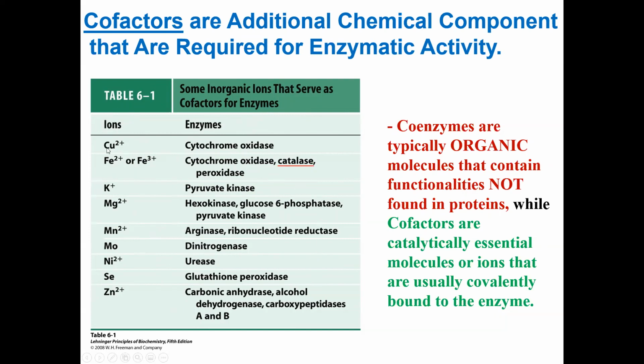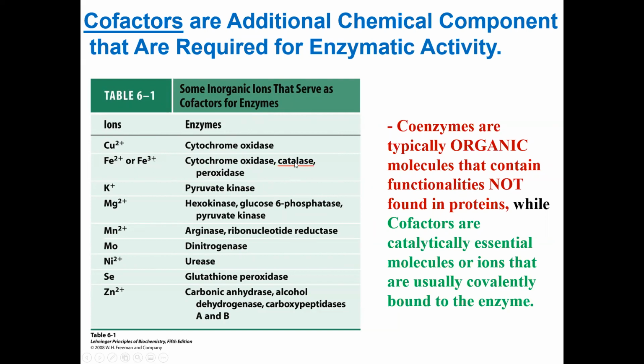Cytochrome oxidase, an enzyme that you will see when we talk about almost the last chapter, oxidative phosphorylation, actually needs a copper 2+ ion. Cytochrome oxidase, catalase, and peroxidase need Fe2+ or Fe3+.